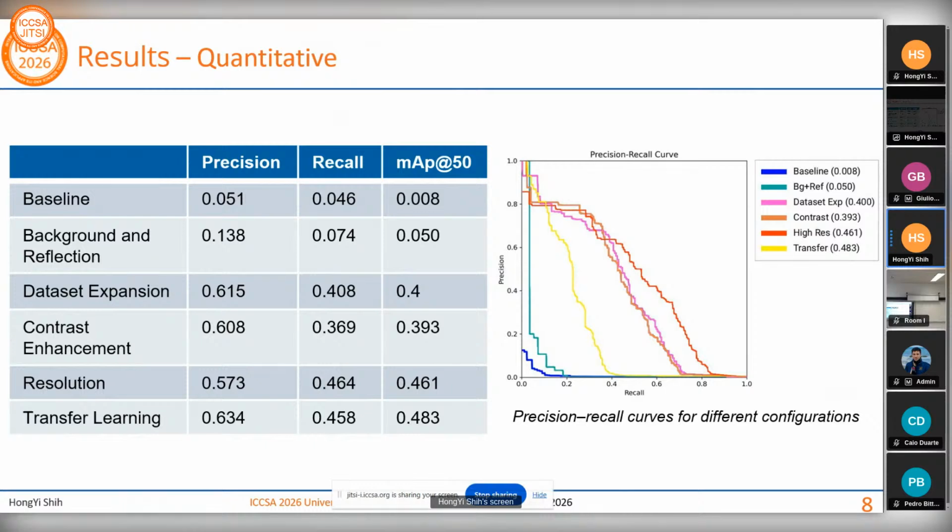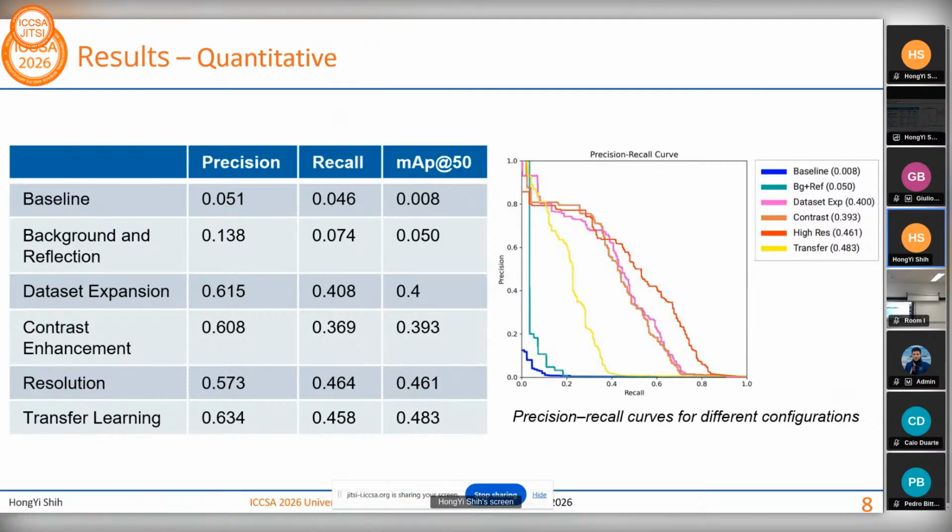And for the higher resolution input, the recall and mean average precision become higher, suggesting that it helps preserve fine crack details and allows the model to detect more true crack regions.